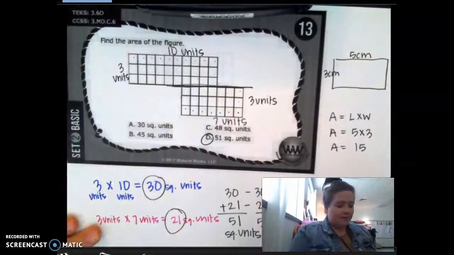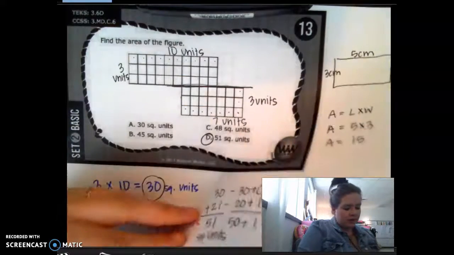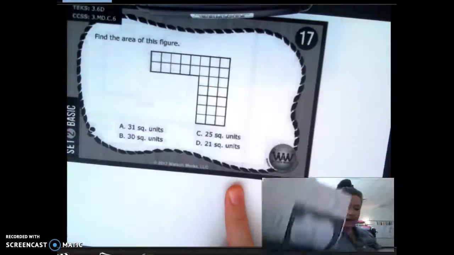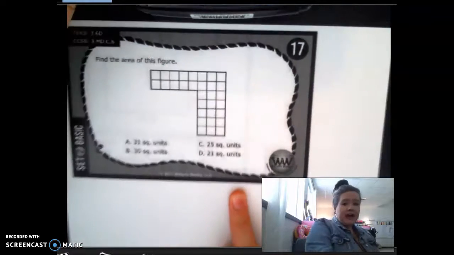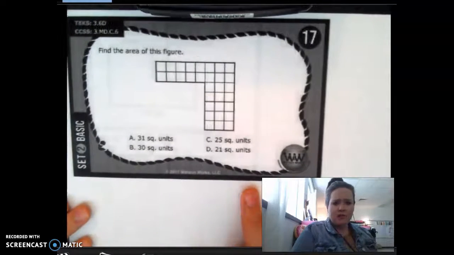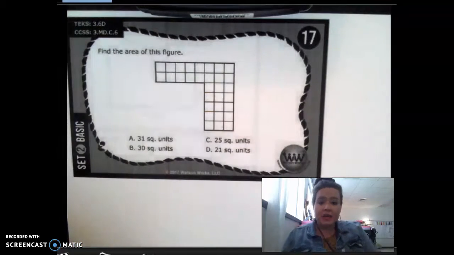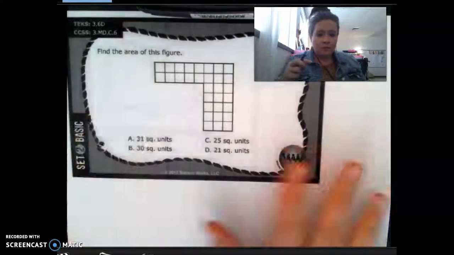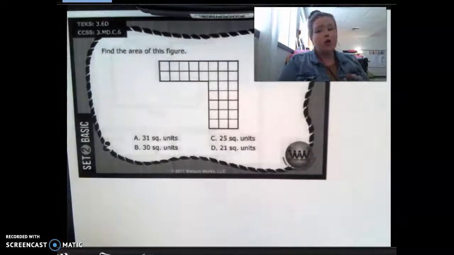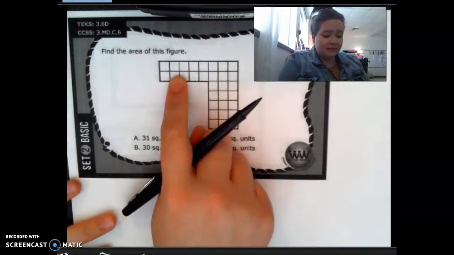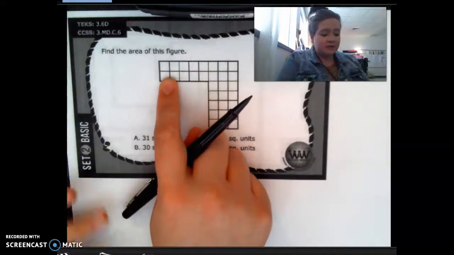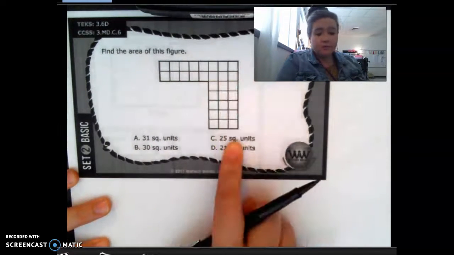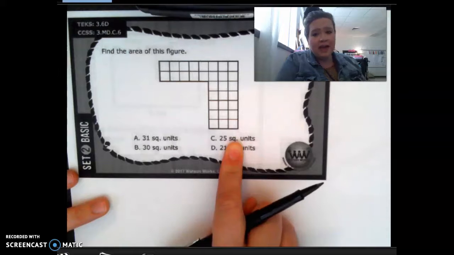Okay? So let's do one more like that. I'm going to demonstrate one more that has the units or your little squares that you could use to count, okay? Remember, sometimes you're only going to have the outside with squares, okay?